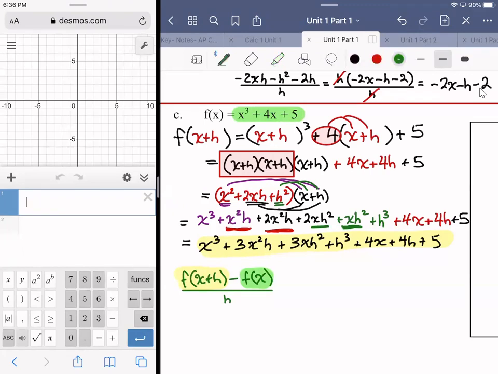If you remember what I was saying before, the numerator is basically just going to be this, except for any term that doesn't contain an h. So if you get rid of all the terms that don't have h's in them, whatever's left is what your numerator will eventually become.